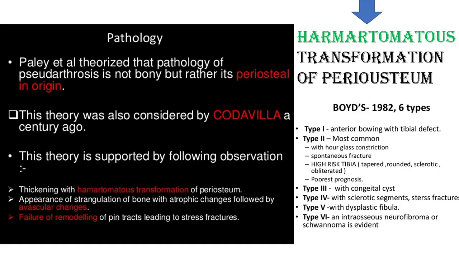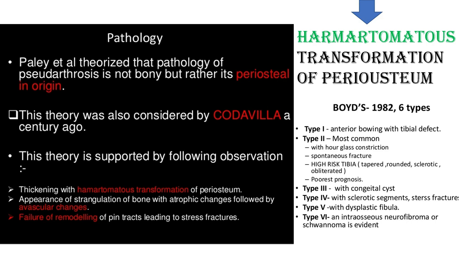The pathology lies in the periosteum. It is a hamartomatous transformation of the periosteum with fibrous unhealthy tissue, which never goes into ossification and never forms good cancellous or cortical bone.